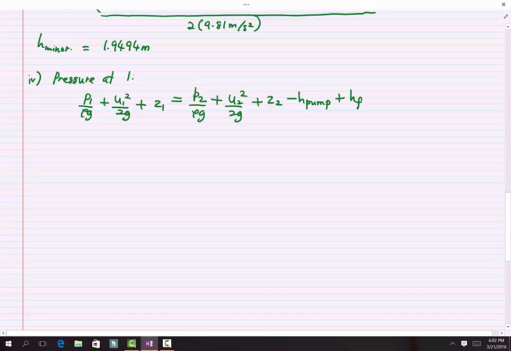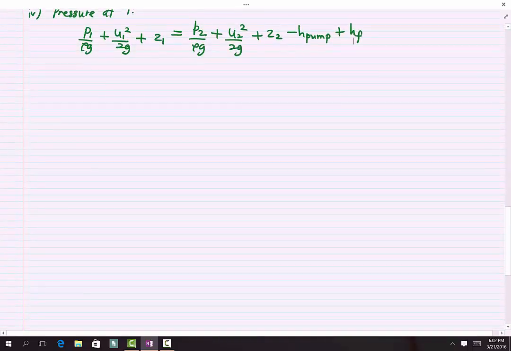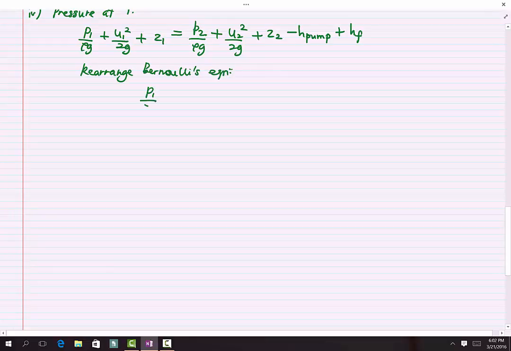HF is a summation of major losses and minor losses. So rearrange the equation: P1 over rho g equals P2 over rho g plus U2 squared minus U1 squared over 2g plus Z2 minus Z1 minus H pump plus HF.